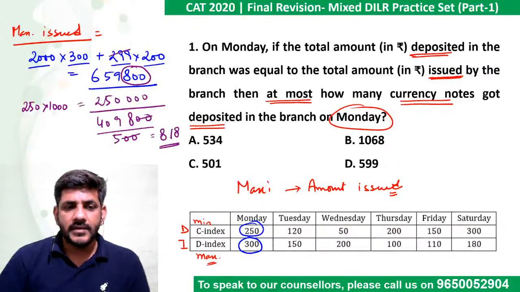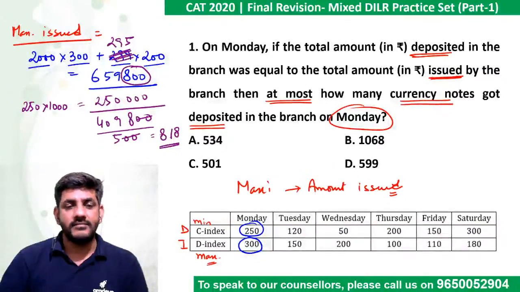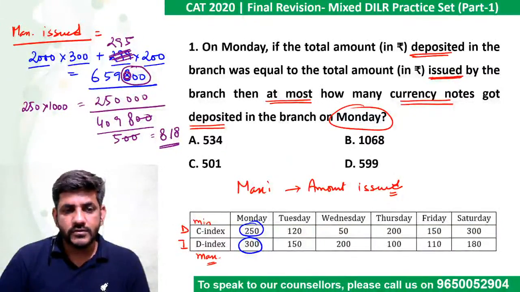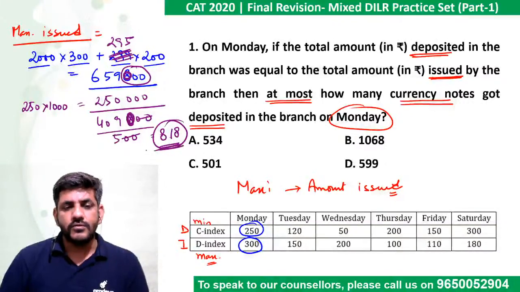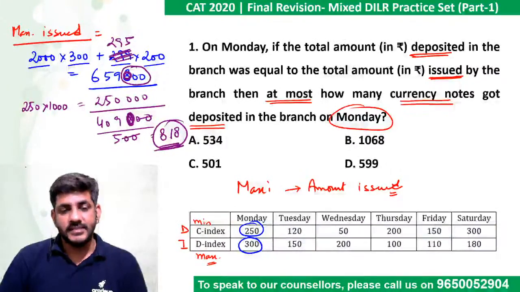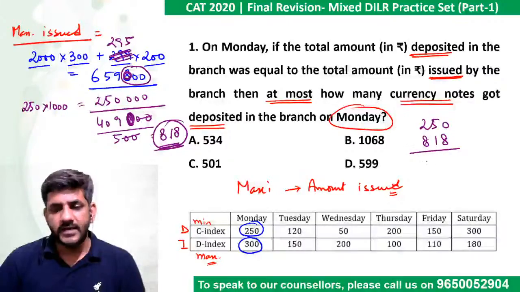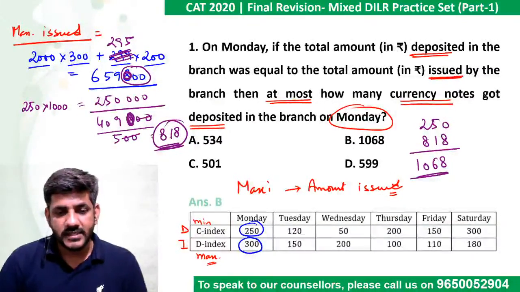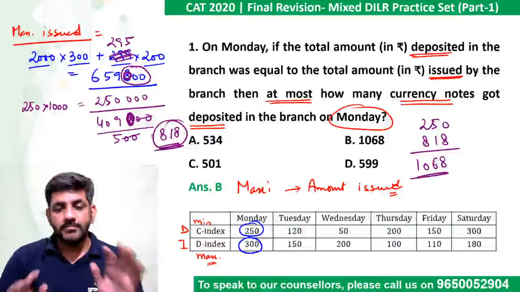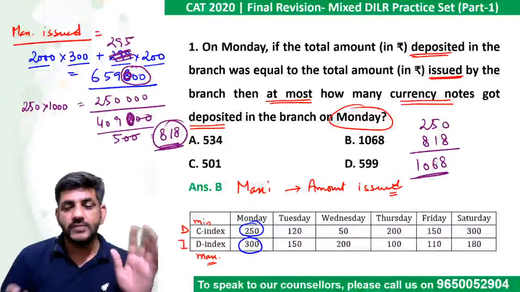So what will I have to do? I cannot take 299 notes here, I can only take 295, because that will make it 0 0 0, this as 0 0 0, this would also be 0 0 0, and hence the total number of notes would be 818. So there are 250 notes of 1000, 818 notes of 500. That makes the total number of notes as 1068, which is the maximum possible number of notes which could have been there.